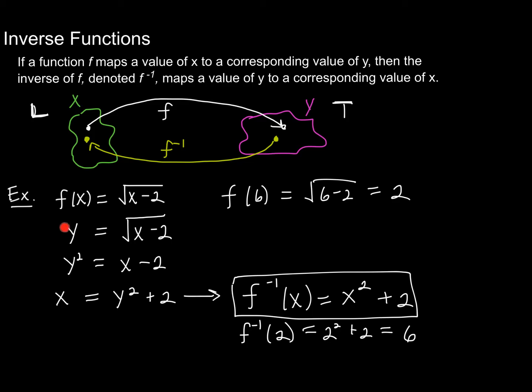So if I have f of x, I replaced it with y so that I could more easily solve for x. I'm switching the roles of the two variables. Once I've solved for x, I then have my inverse function. I just want to rewrite it using inverse function notation. So I rewrote the input variable as x and used inverse function notation to denote that that was the inverse of my original function.